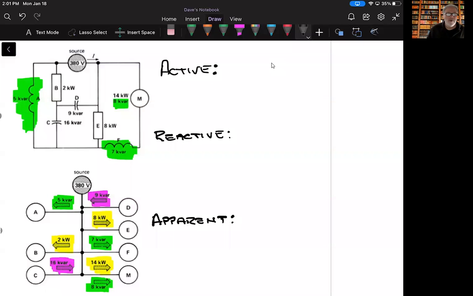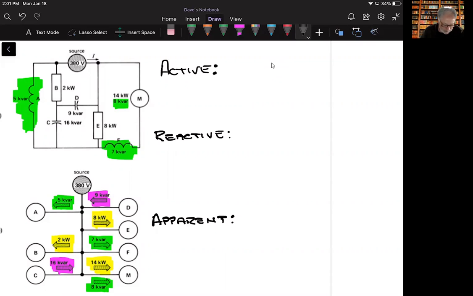Okay, now we're going to continue section 712, systems comprising several loads. What we're going to do is make the calculations for the determinations we need for the particular loads connected to this complicated circuit.